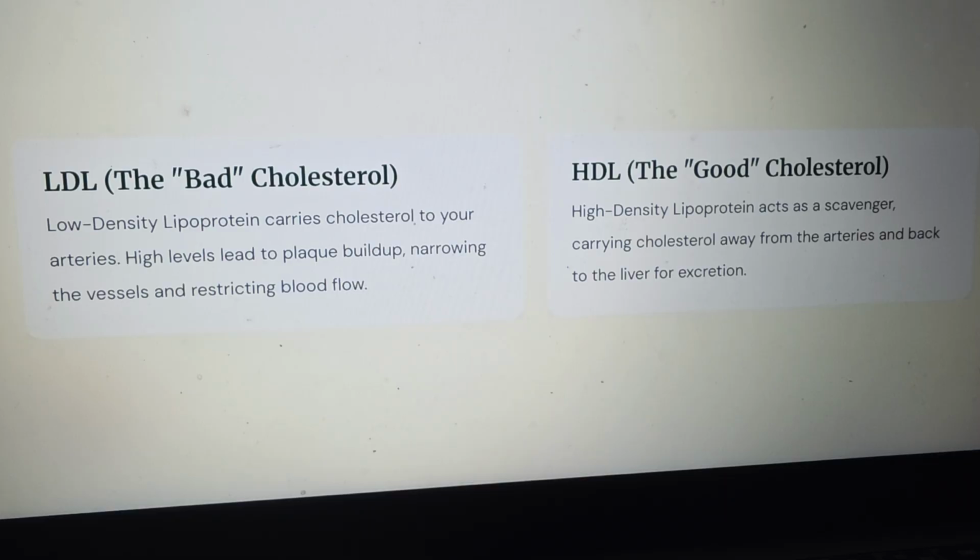It comes back with the consequence of cardiac arrest and stroke. On the other hand, the high density lipoprotein, which we usually refer to as good cholesterol, clears up the cholesterol from our blood. So the high density lipoprotein acts as a scavenger because it carries cholesterol away from the arteries and back to the liver for excretion or removal.